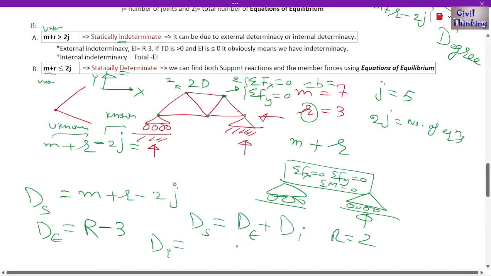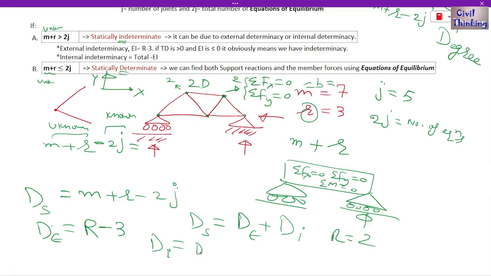So from here we will find the internal indeterminacy as Ds minus De. The total is m plus r minus 2j. And the external degree of indeterminacy is capital R minus 3. We are talking about 2D frames. And the internal is what?